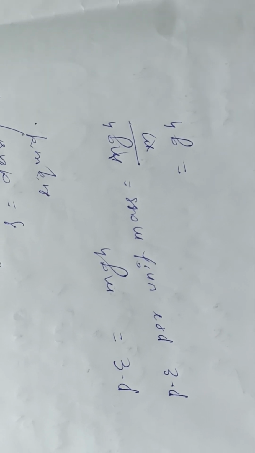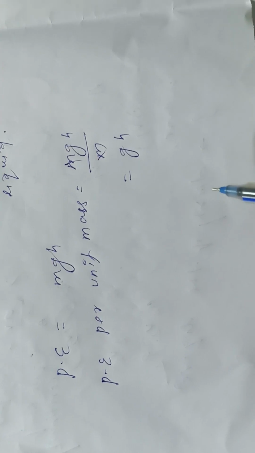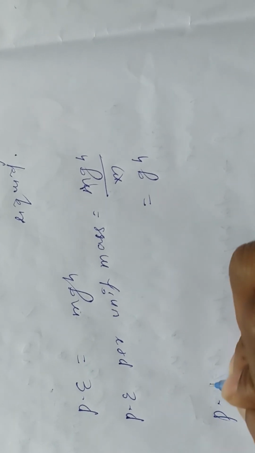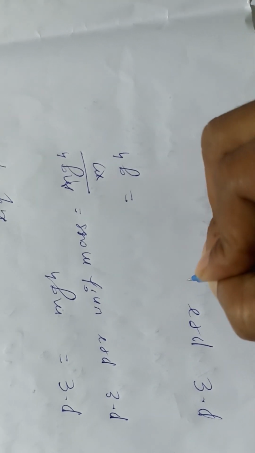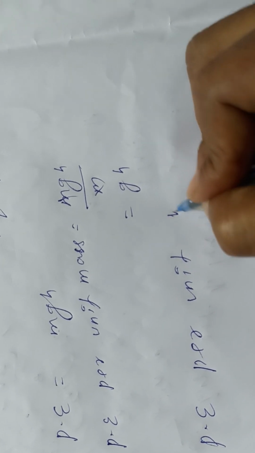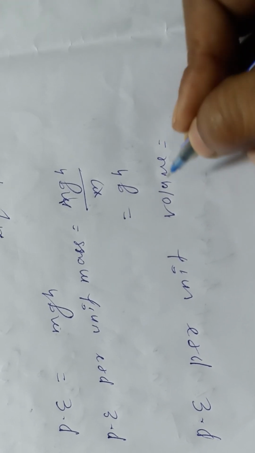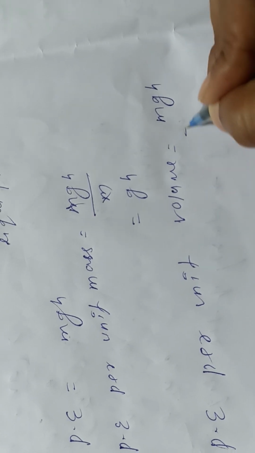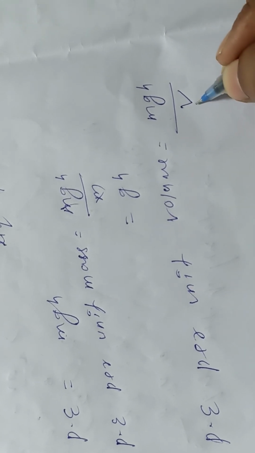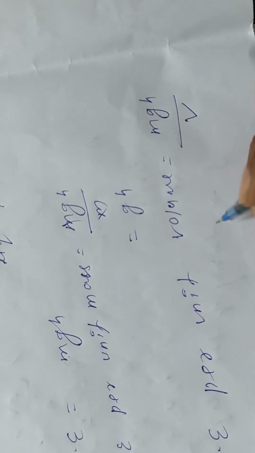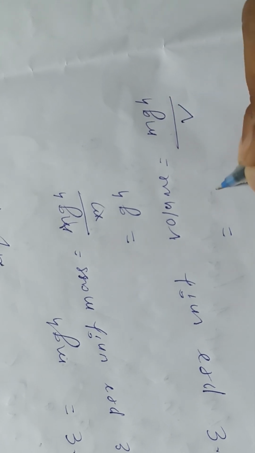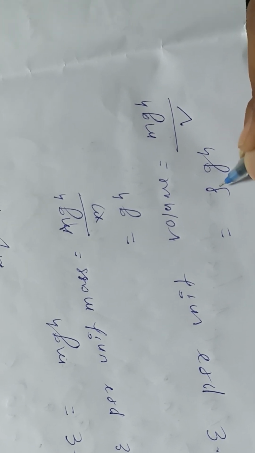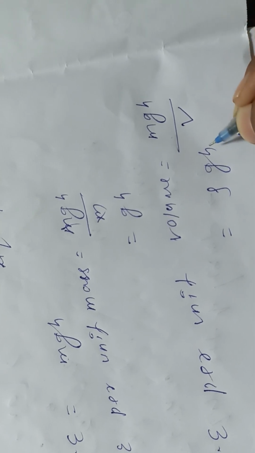This is the potential energy per unit mass. Now potential energy per unit volume equals m g h by V. V is the volume, so mass by volume is rho, and we can write rho g h, where rho is density, g is acceleration due to gravity, and h is height.